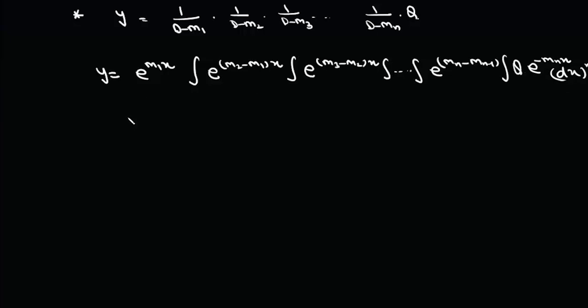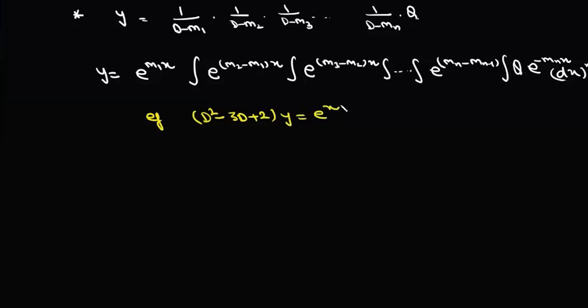Now how do we use this? So we'll solve this previous question using this shortcut. Now the question was (D square minus 3D plus 2) y equals e to the power x. Now we have already calculated its homogeneous part, so the values of D are 1 and 2.